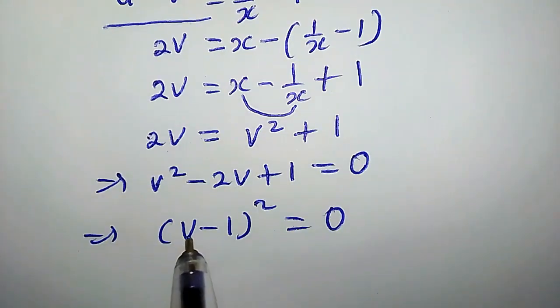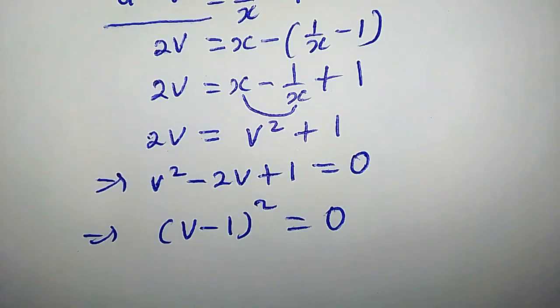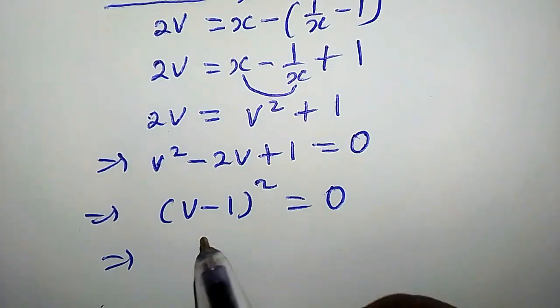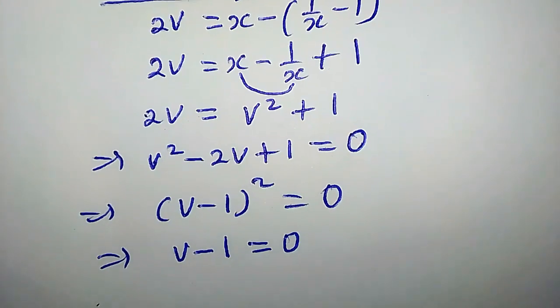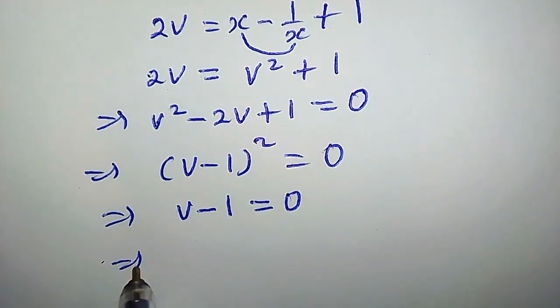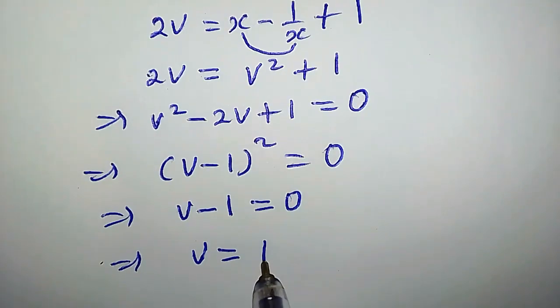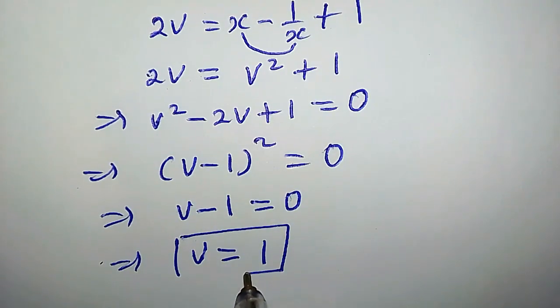That is, expanding this v minus 1 all squared, you will have this guy back. This also means that v minus 1 is equal to 0. So v is equal to 1. This is the value of v.